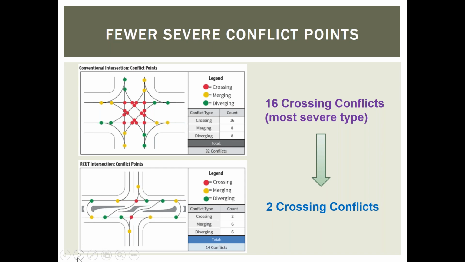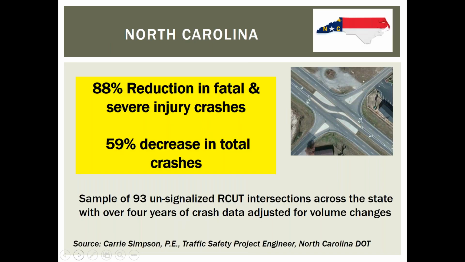Let's say they misjudge a gap, a permissive left turn gap, or a crossing gap. Well, the conflict points basically represent the potential for a collision if a driver makes a mistake, a poor judgment, or violates a traffic control device. And with the restricted crossing U-turn intersection, we have basically taken away the potential for drivers to make those errors. And that's reflected in the fewer number of conflict points, and in particular, the reduction in crossing conflicts. It eliminates the possibility for that far side angle collision.